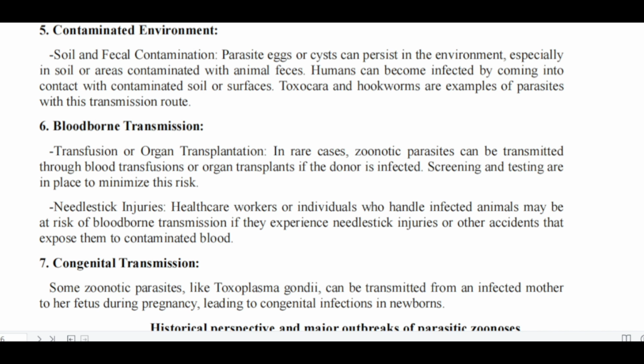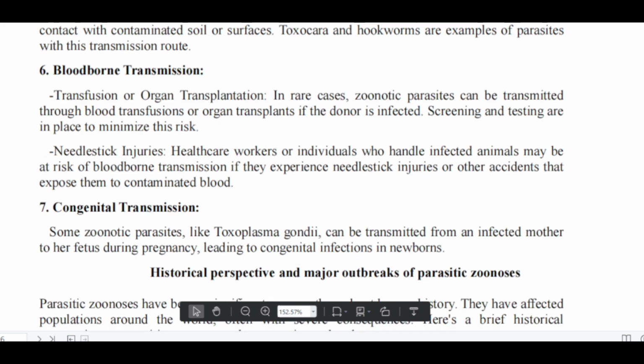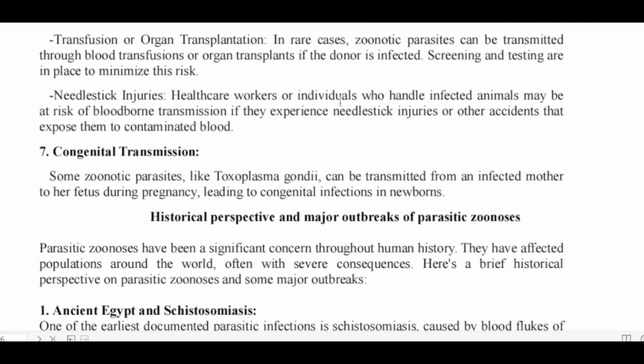You can also get other parasitic diseases that can be transferred to an individual that is handling the needle. So that's why it's very important for those needles to be handled carefully.